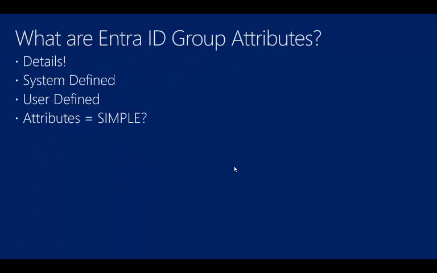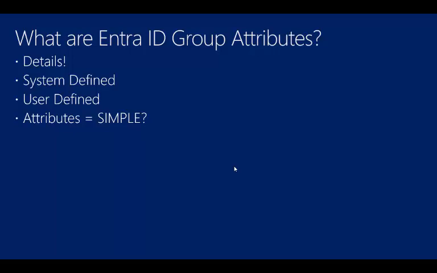So what are Entra ID group attributes? Well, specifically, the attributes that are available to build groups are going to help us focus in on the kind of devices and the kind of users that we want in the group. Group attributes are the details about a device or a user.